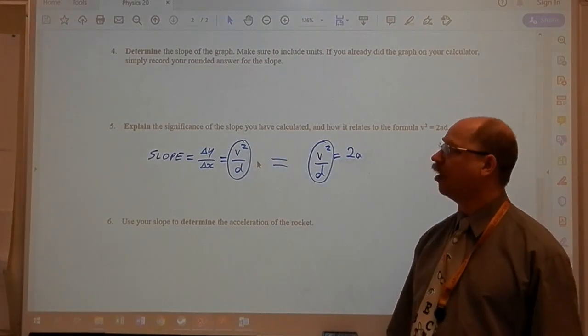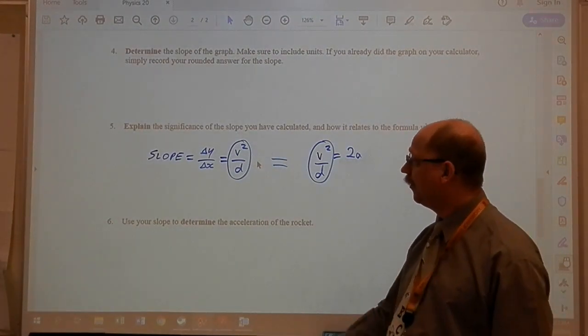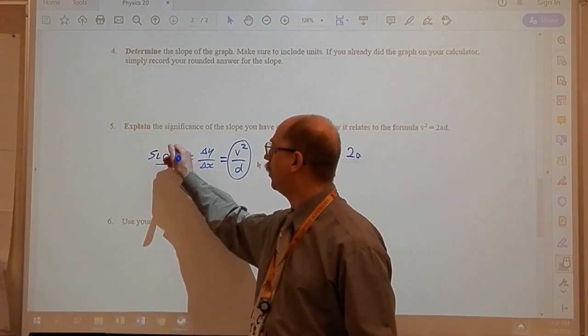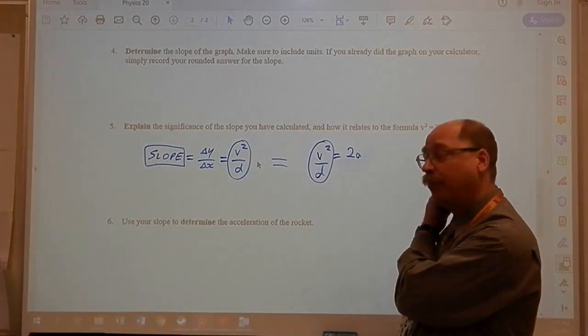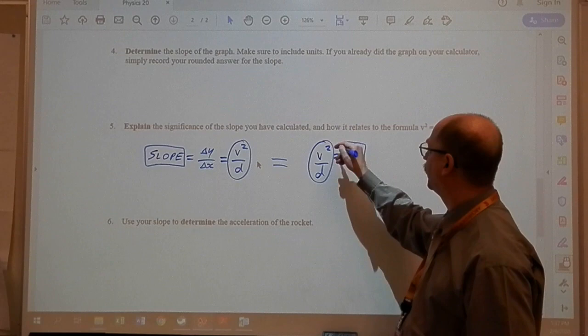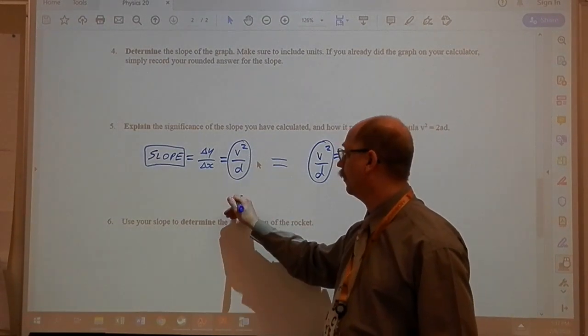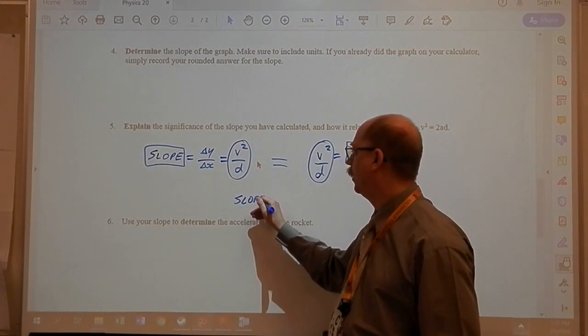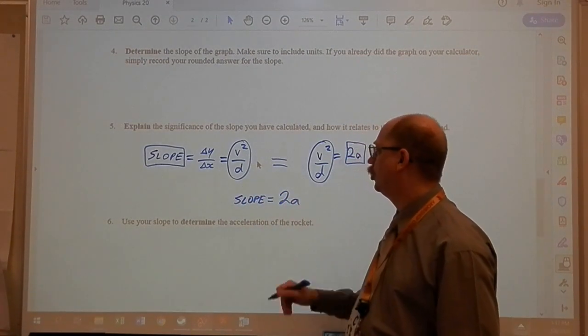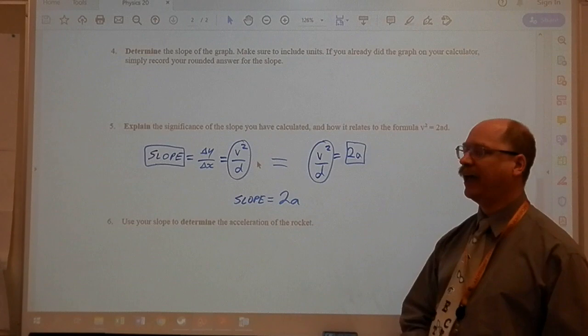That means they really are equal to each other. That means that even way back here, when I said that was slope, and way over here when I said that's 2a, they are also equal to each other. Slope equals 2a. That's what I have to get to.